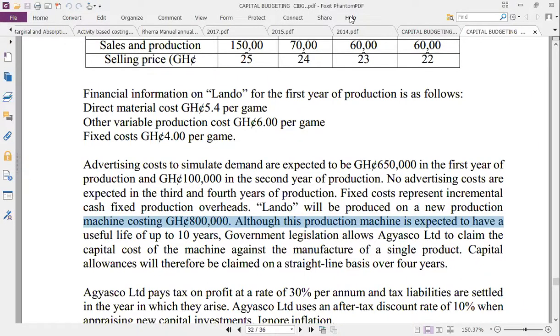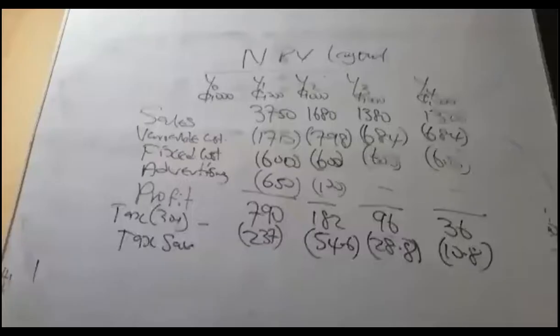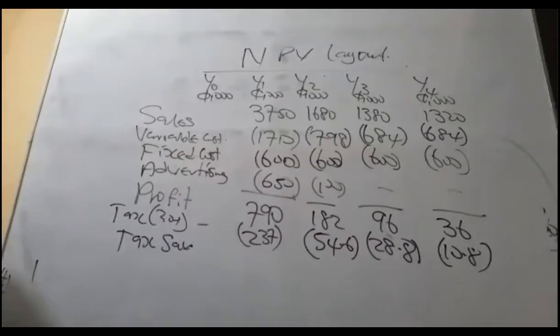Here we have to use the tax rule, not what the company expects from the machine. So here we have to use the taxman. That means depreciation will be straight line over 4 years, not 10 years. So over a 4 year period, depreciation of 800.